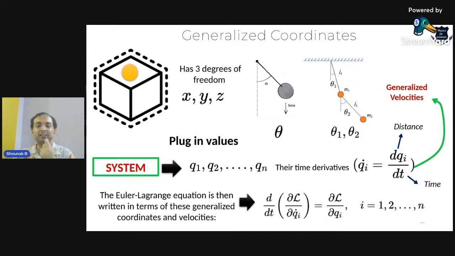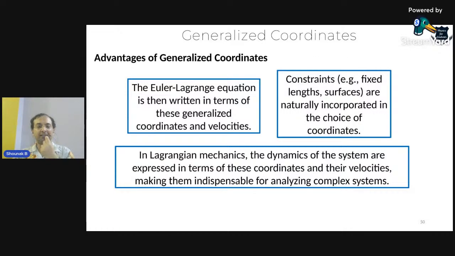You can see that dqi by dt is basically the generalized velocity. This is the advantage I told you about: it simplifies equations of motion, handles constraints automatically, as Chudamani was telling, and works in any coordinate system: Cartesian, polar, cylindrical, spherical, etc. This is the difference.